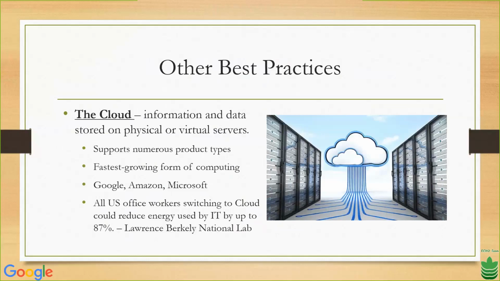And it's said if all U.S. office workers were to switch to the cloud, they could reduce energy used by IT by up to 87%. Lawrence Berkeley National Lab was the one that published that data. And then also, if you think about the cost savings the company can have from this perspective, they don't have to go to their own data center and remove racks.